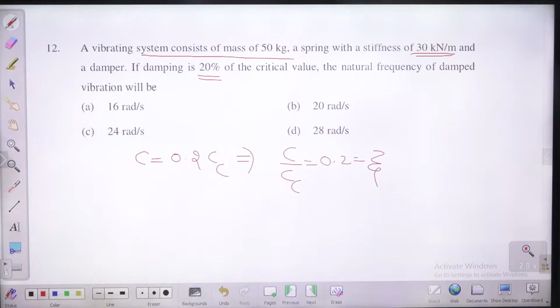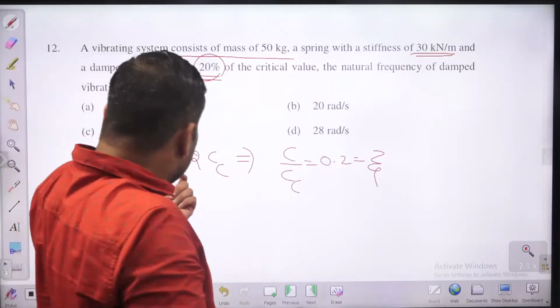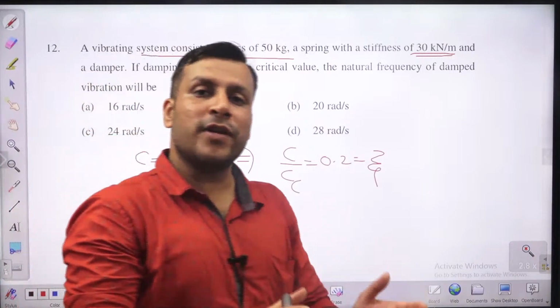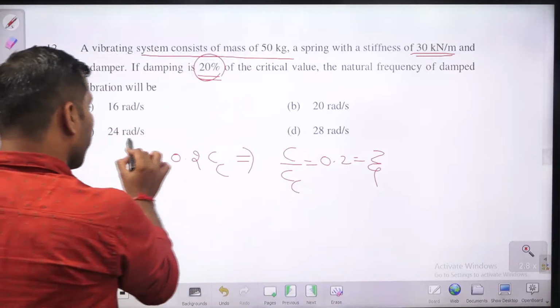The ratio of c by cc is 0.2, because clearly he has mentioned the damping is 20% of the critical damping. So c equals 20 by 100, 0.2 into Cc. This is the damping coefficient.